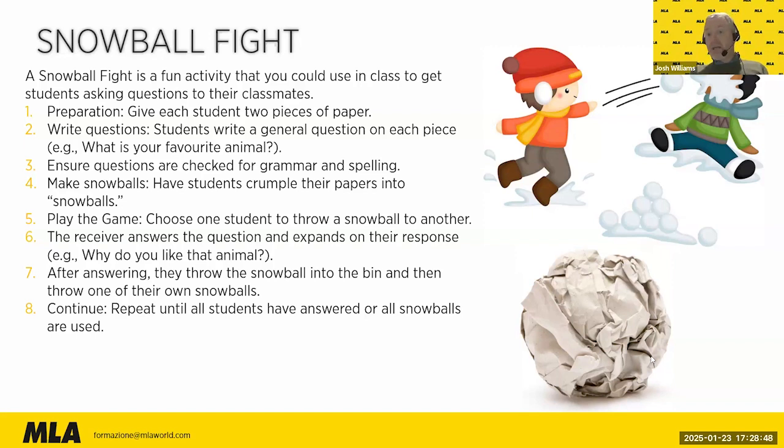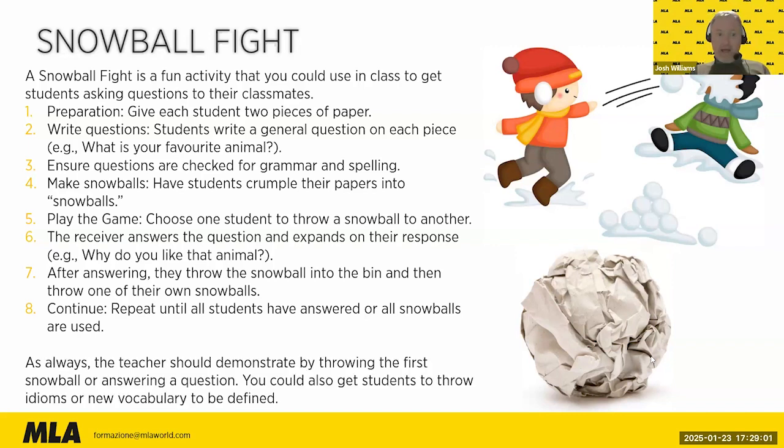What you could do is stand up at the beginning, and after each person has received and thrown a snowball, they sit down. That way, you're not throwing them to the same person. Okay. As is always a good idea, I think the teacher should demonstrate by throwing the first snowball or by telling a student to throw a snowball at them.